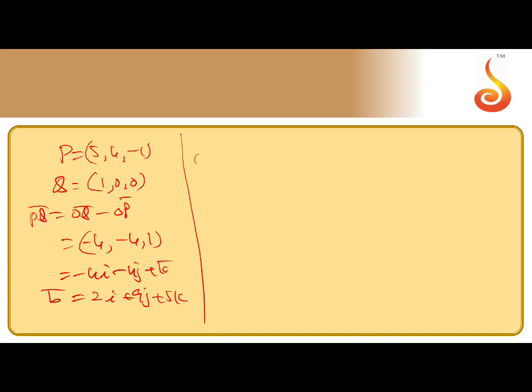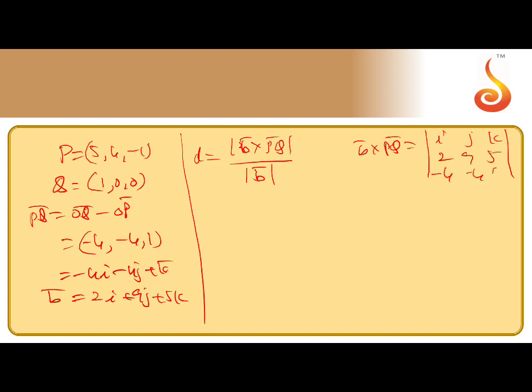So what is the length formula? The formula is modulus of B cross PQ divided by modulus of B. So now you can find B bar cross PQ bar using the i, j, k determinant. B is 2, 9, 5 and PQ is minus 4, minus 4, 1.